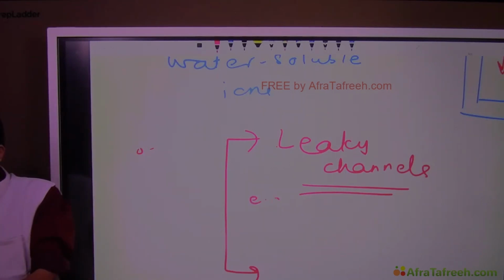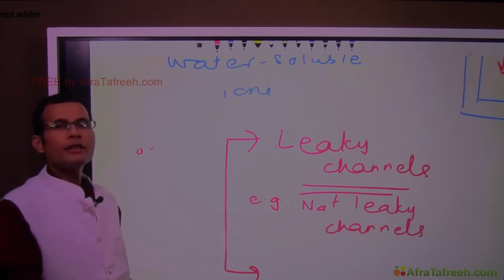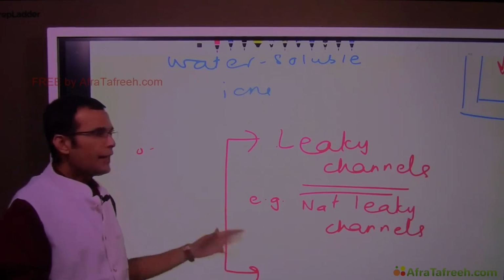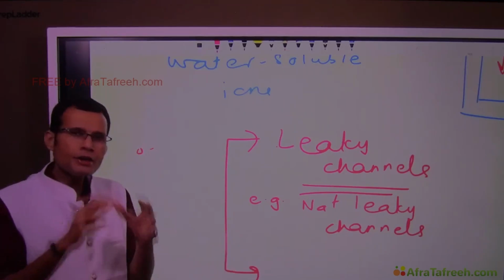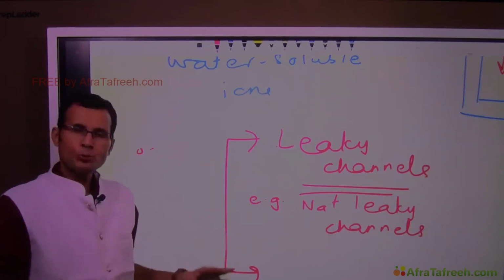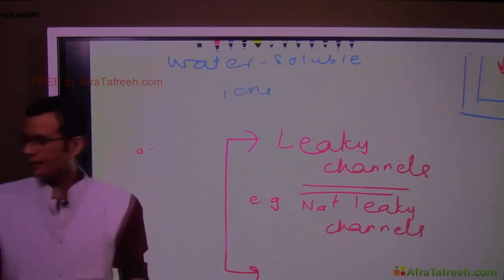For example, sodium leaky channels. In the membrane of all the cells, there are sodium leaky channels, and they allow a continuous leakage of sodium ions into the cell.